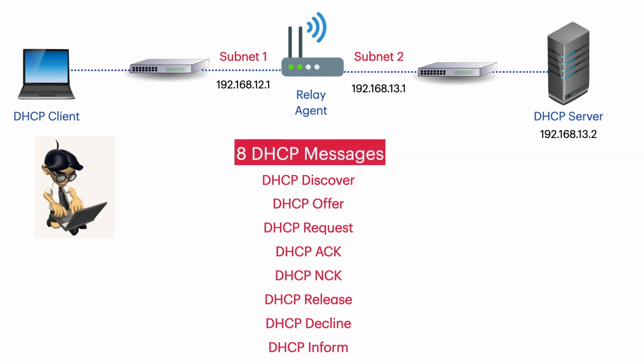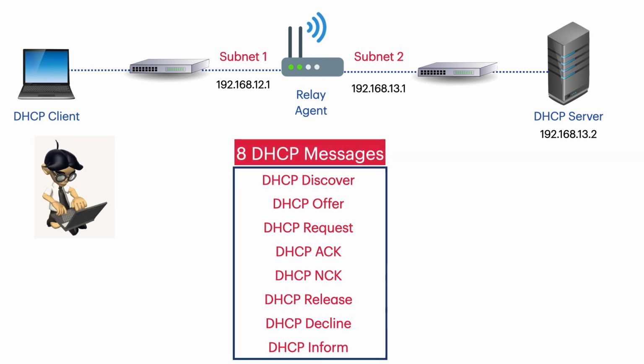Therefore, a total of 8 DHCP messages are involved in the DHCP process. These are the messages which help your device fulfill all the prerequisites needed to connect to the internet, and come under the Dynamic Host Configuration Protocol process.